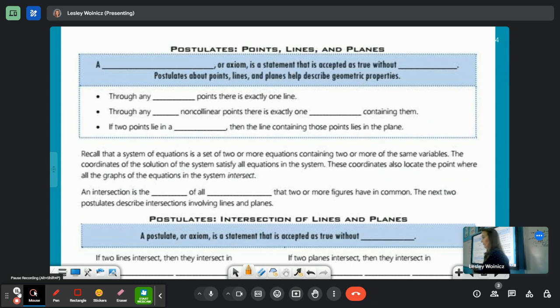So we have a couple of postulates here that are about points, lines, and planes. A postulate can also be called an axiom. If something is axiomatic, it's like self-evident, okay? It is accepted as true without proof.